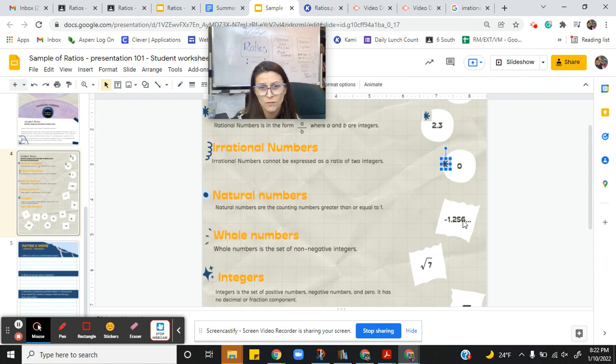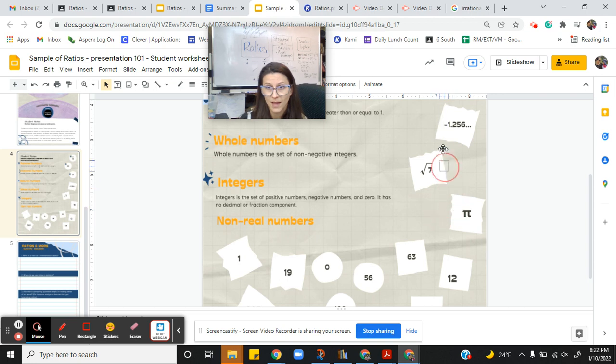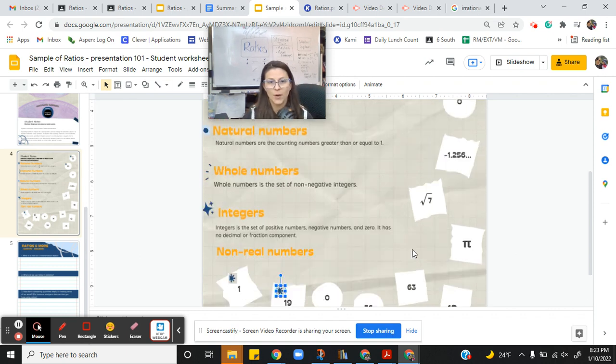So that's hard to tell. 256, you could write that as 256 over 1,000, but the dot dot dot is implying that there's more there. So that's not rational. Pi, square root of 7, not rational. These are all rational.